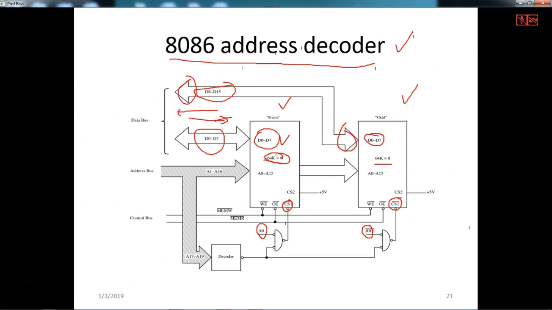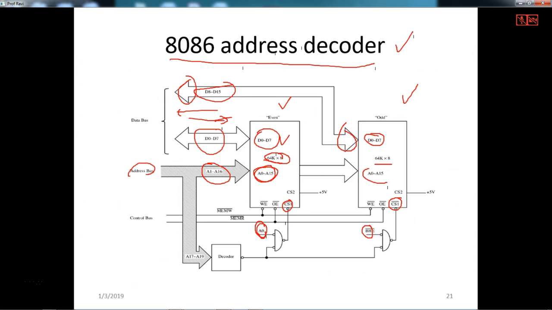A0 is allocated for selecting the even bank. Then the address lines here, A0 to A15, means 16. So A1 to A16 address lines of the processor are connected to A0 to A15 of the memory.